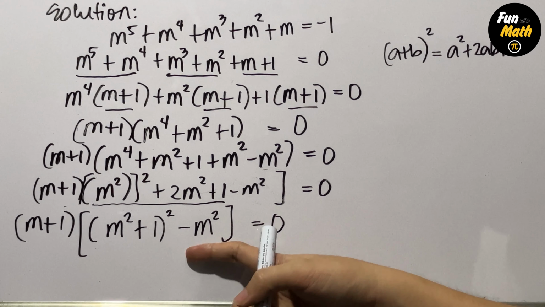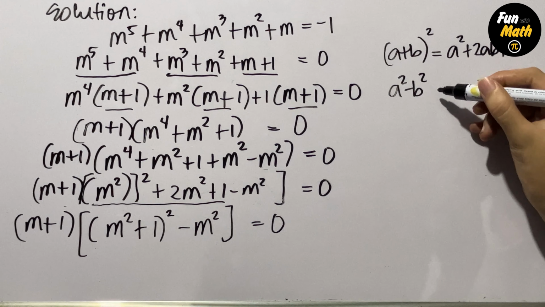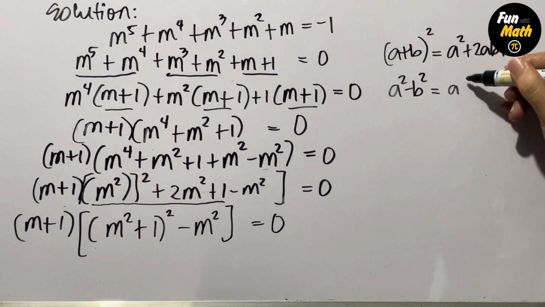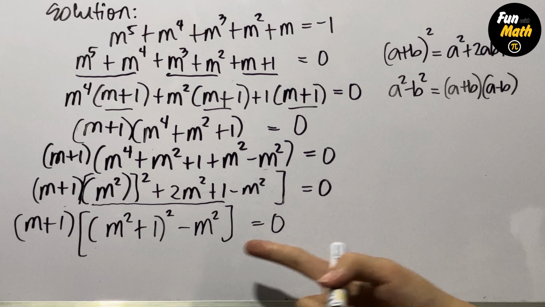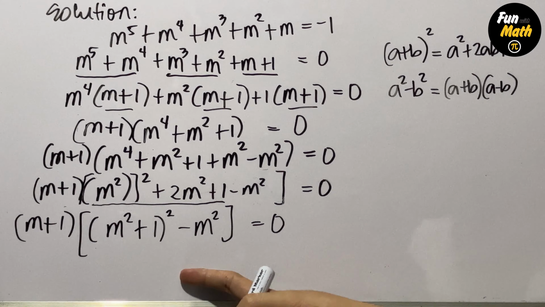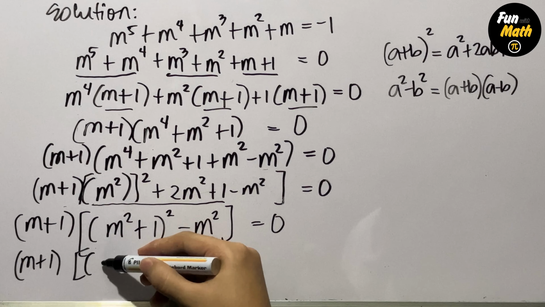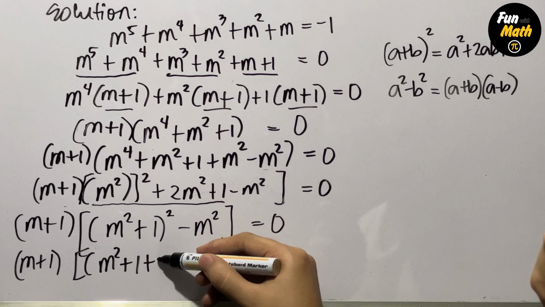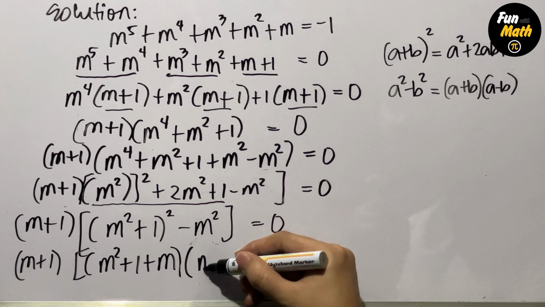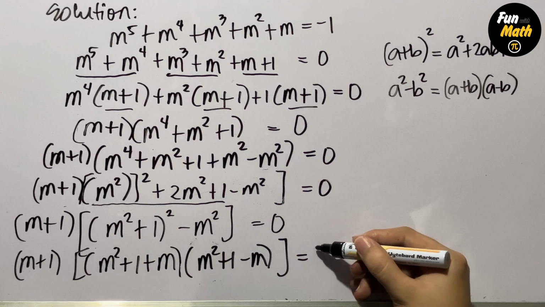For this, we have also an identity, a squared minus b squared, which is also equal to a plus b times a minus b. So for this, we can write it as m plus 1 times m squared plus 1 plus m times m squared plus 1 minus m equals 0.